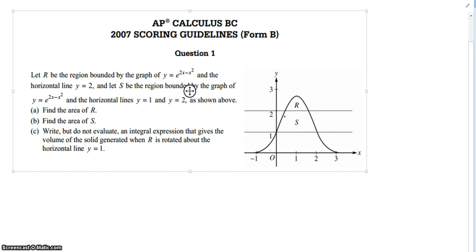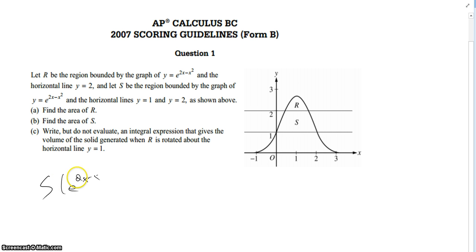So we know the integral is going to be the integral of e to the 2x minus x squared minus 2, because we're imagining that it's this same graph but moved down 2 points, so that y equals 2 is actually y equals 0, dx.